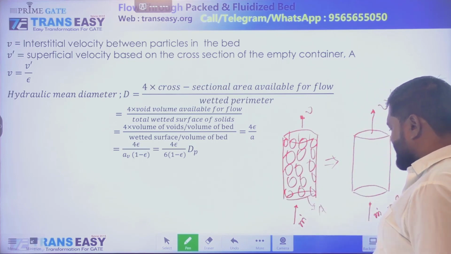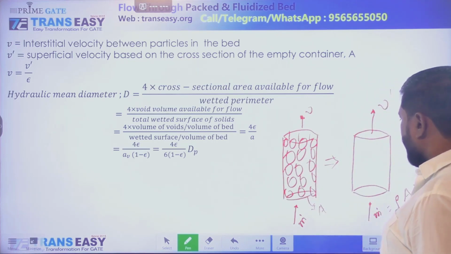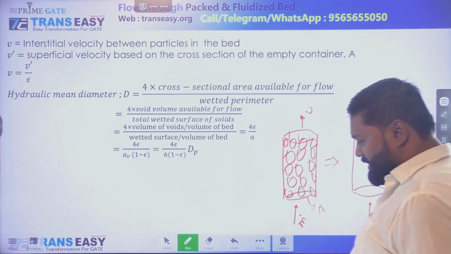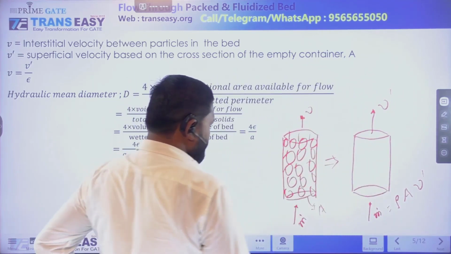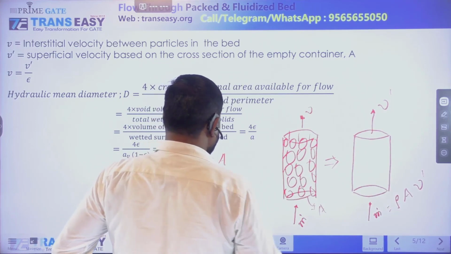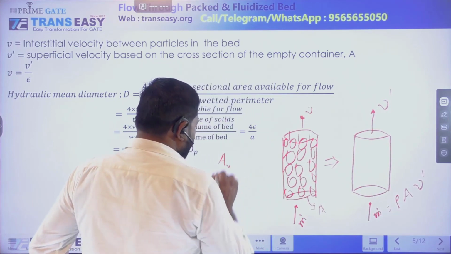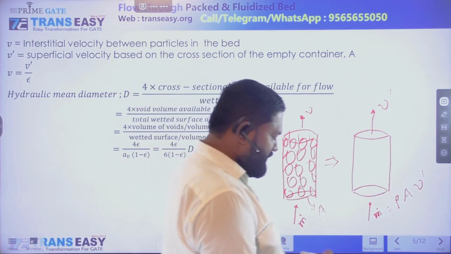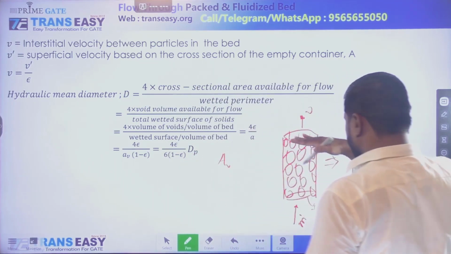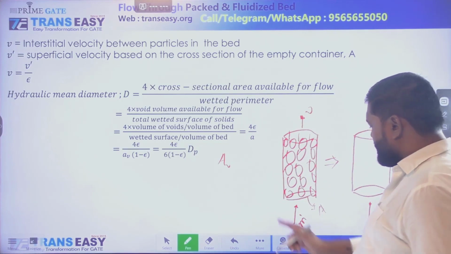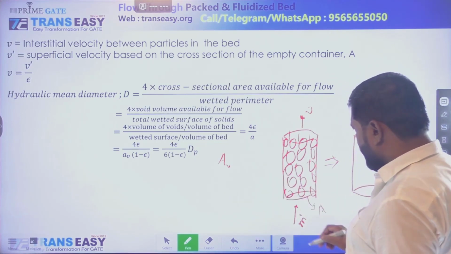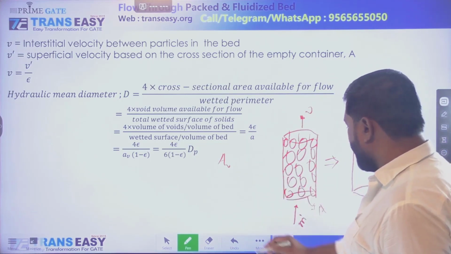But in this case, the total cross-sectional area of the container is not available for flow. Suppose Av, that is the area created by voids on a cross section, is available for flow. So this Av is available, the flow is through it, and it is less, right?